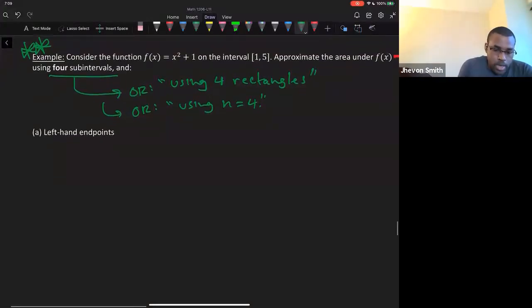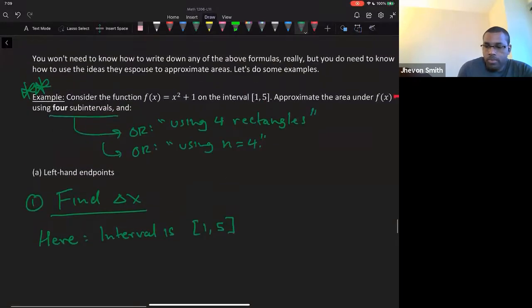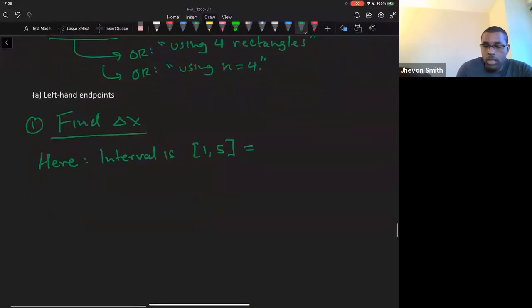Here the interval is 1 to 5, so this is equal to your [a, b]. a is always the left endpoint and b is always the right endpoint.